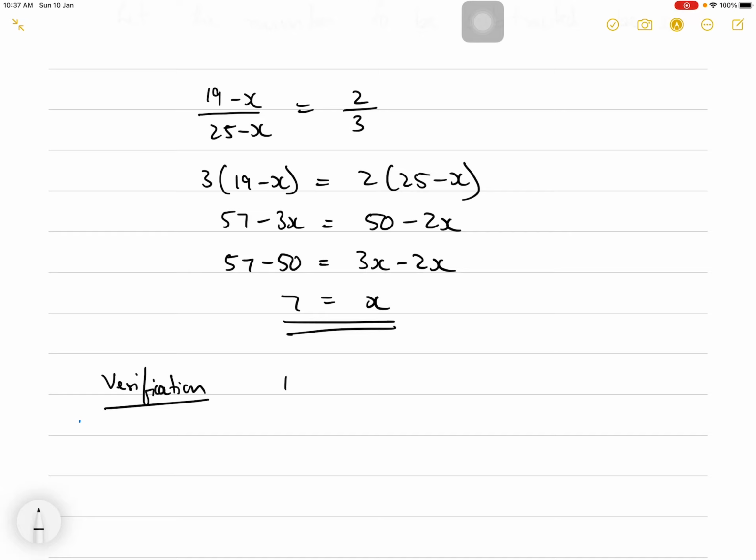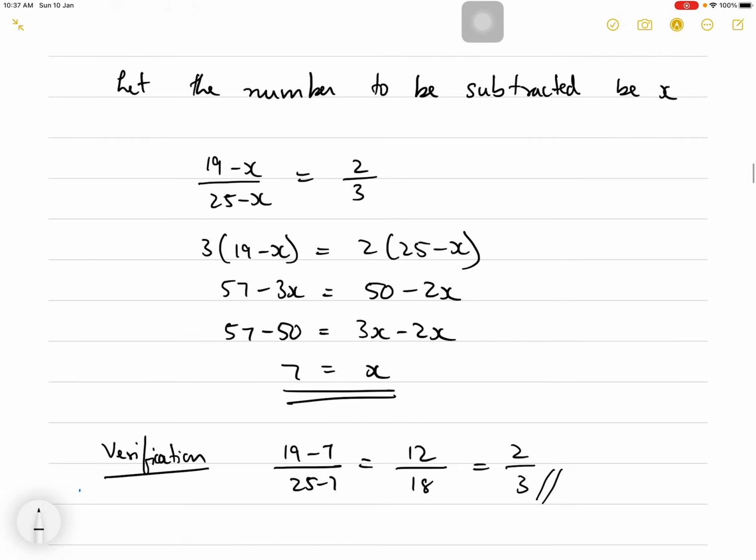So 19 minus 7 and 25 minus 7. 19 minus 7 is 12 and 25 minus 7 is 18. Correct? So 6 2s are 12, 6 3s are 18. So when you simplify, it becomes 2/3. Right? Let's see the next problem.